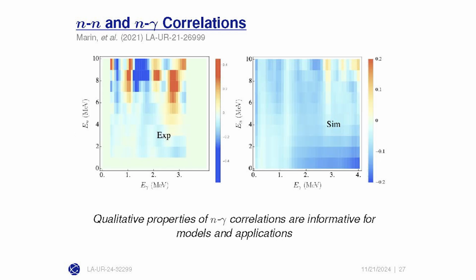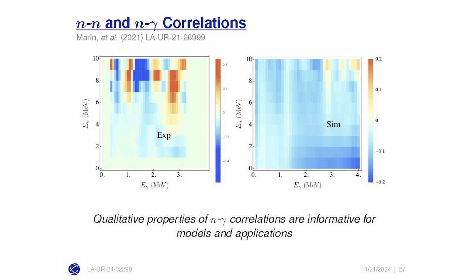These correlations also come through in energy patterns. Even a qualitative measurement of these kinds of patterns can give you a good feeling for something that might be important for something like active interrogation scenarios, where someone has an unknown container and you want to know what's in it. These kinds of things you can measure, and if you know what you're looking for and what pattern you should expect for different materials, this can help you quite a bit.